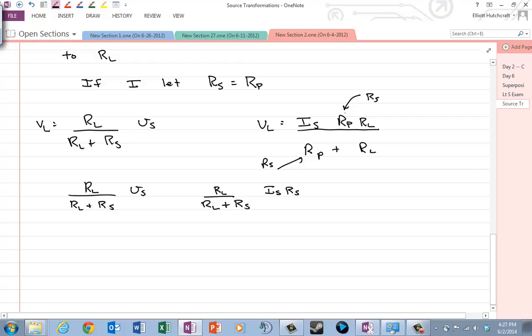So I'll have that term that's left over, this RL, and the bottom became RS plus RL.